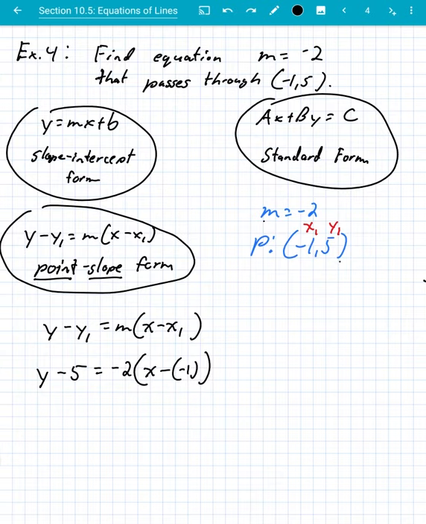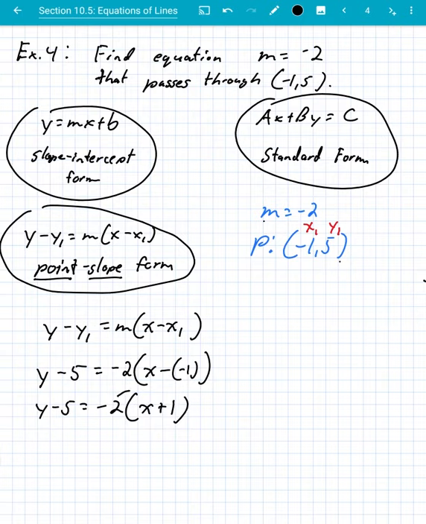We want to start simplifying. I find it easier to get it into this form first, and then we'll put it into standard form afterwards. So let's work on putting it in slope-intercept form. To do that, let's start simplifying. Remember, a negative times a negative becomes a positive. y minus 5 equals negative 2 times x plus 1.